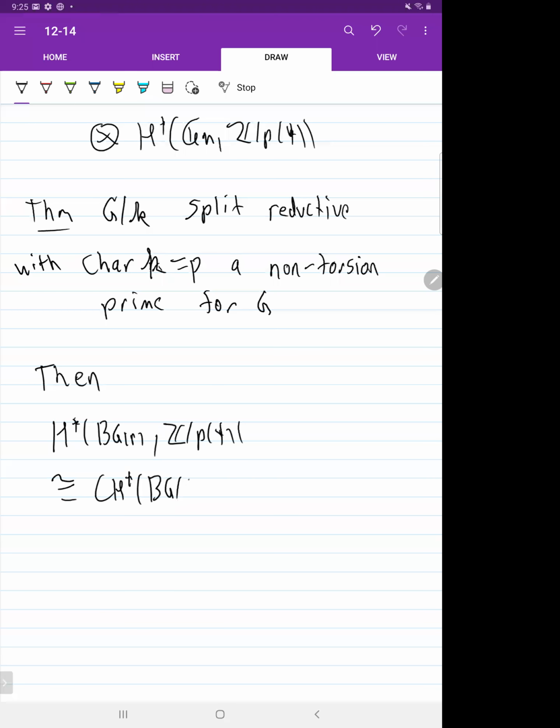This is going to be a polynomial ring tensored with the motivic cohomology of G. So this is isomorphic to a polynomial ring tensored with an exterior algebra.